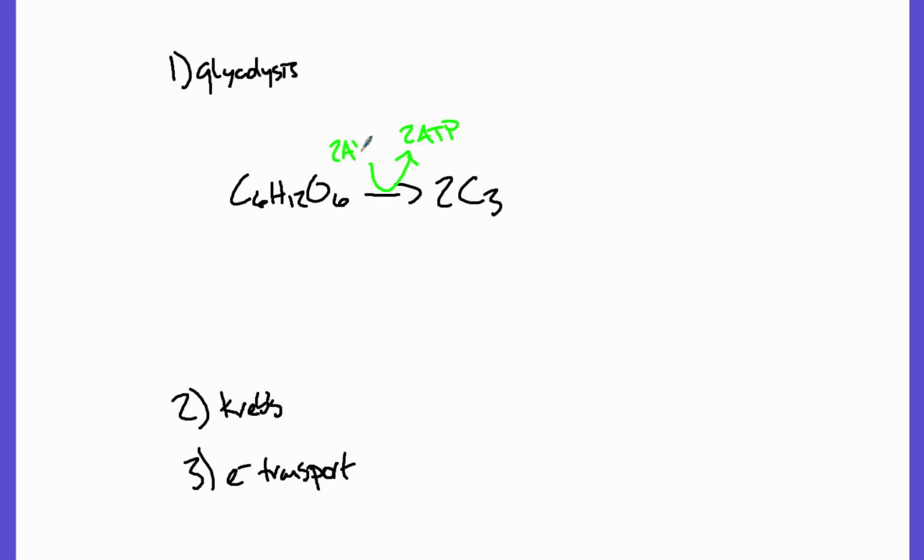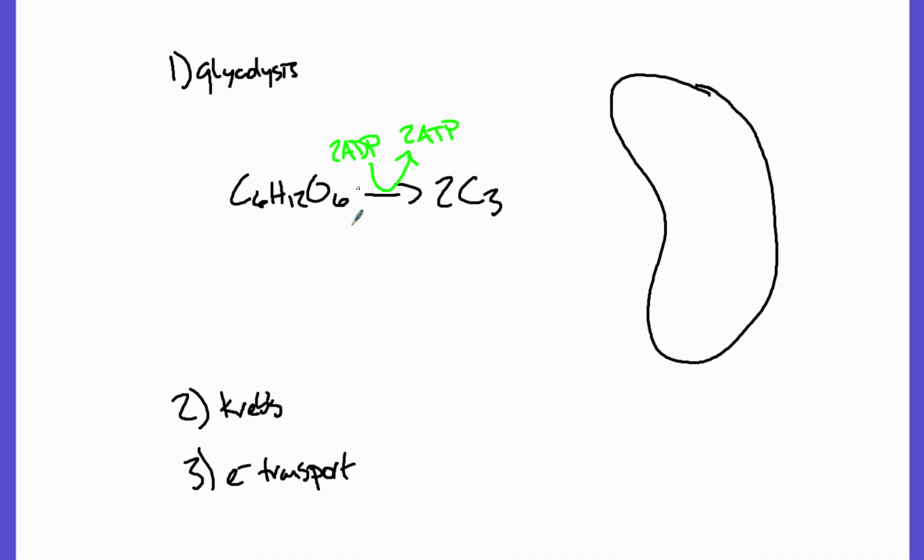from 2 ADP molecules. But the next part of this picture, which is why I wanted to actually draw it out, is important because what just happened, this breaking down of glucose, this glycolysis, splitting the glucose, happened in the cytoplasm.